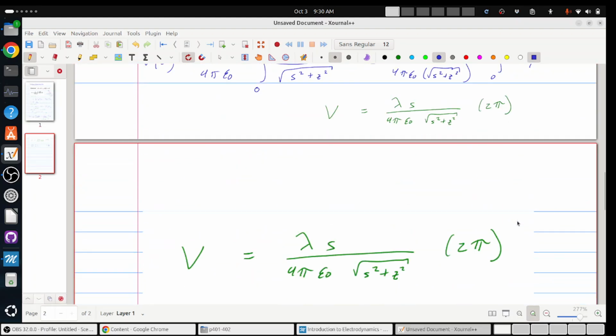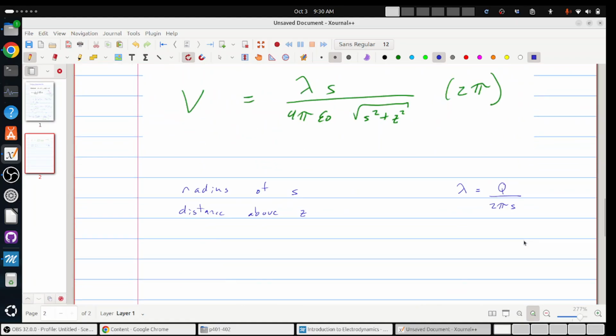Okay, so some simplification in general of the equation.